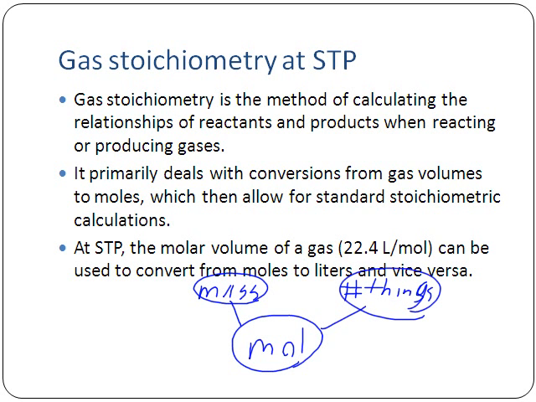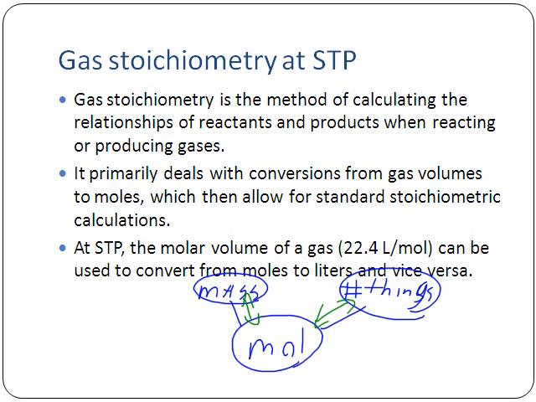If we want to go from moles to mass, we use the atomic mass or the molecular mass, and the same to go from mass to moles. If we want to go from moles to things, we use Avogadro's number, 6.022 times 10 to the 23rd. That also works to go from things to moles.